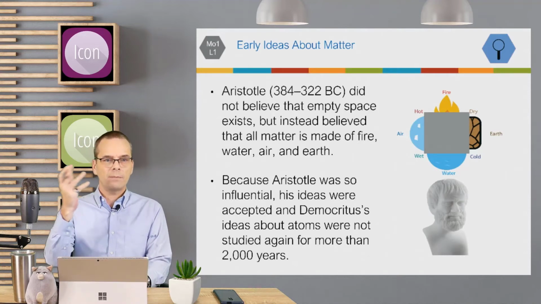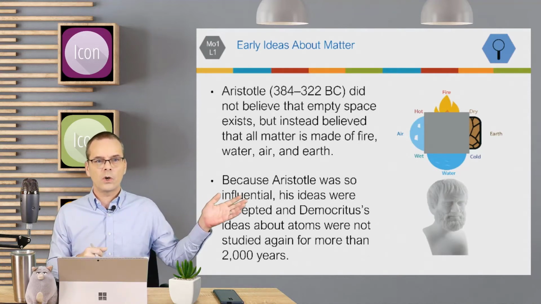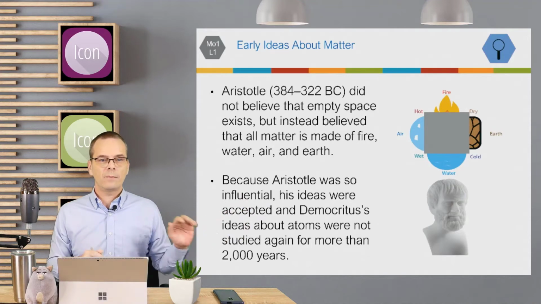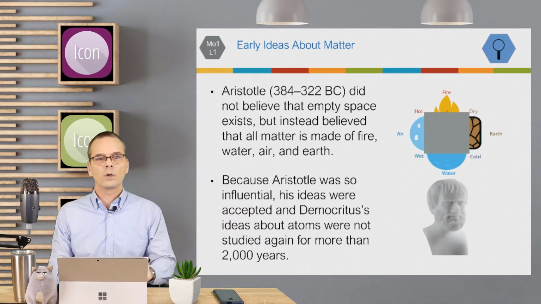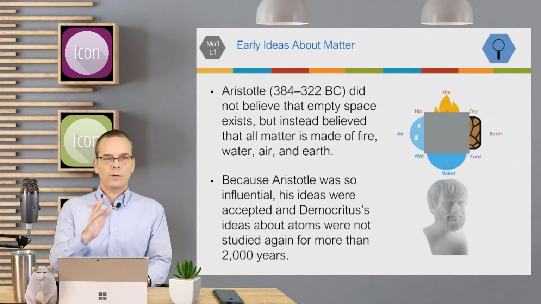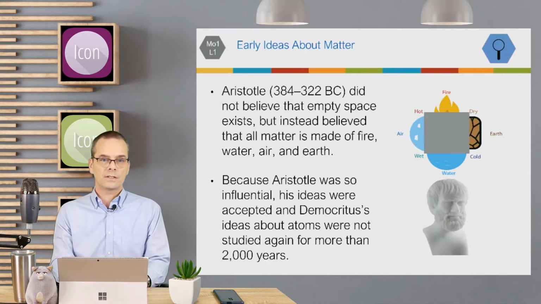And because everybody knew Aristotle, and because he was so important, everybody took Democritus's ideas and pushed them aside and said, no, we're going to listen to Aristotle. And so nobody really looked at Democritus's ideas for another 2,000 years.